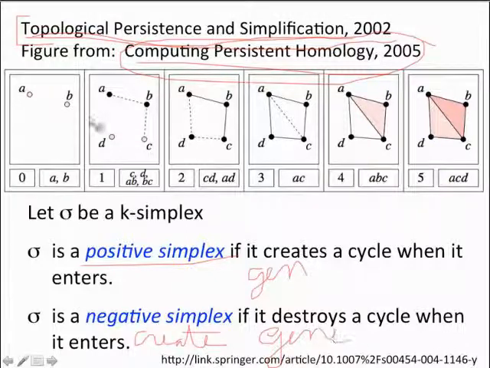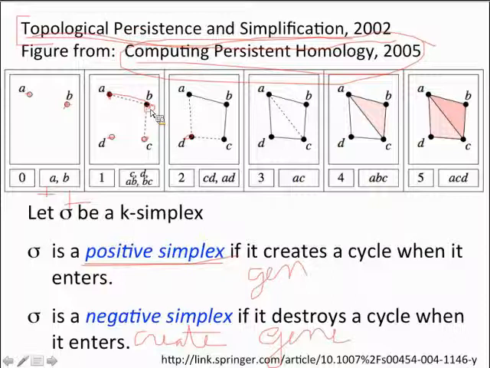If we look at things that are positive, vertices will always be these cycles. So all our vertices are positive. We then have, at this stage here, we just destroyed a zero-dimensional cycle because now we've joined these two vertices into a single component.